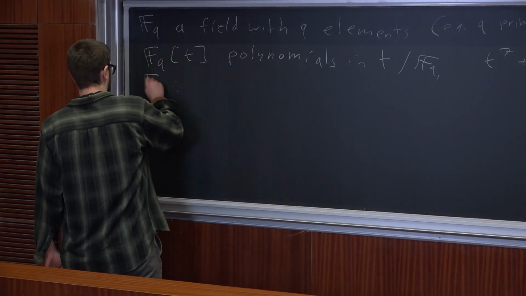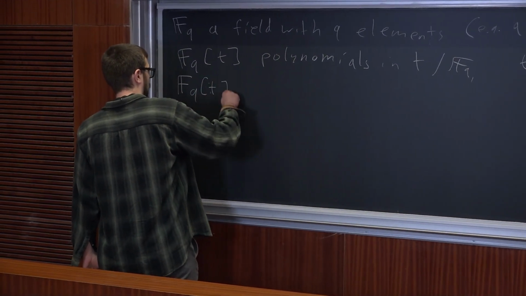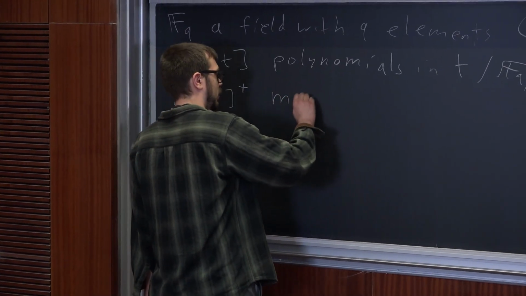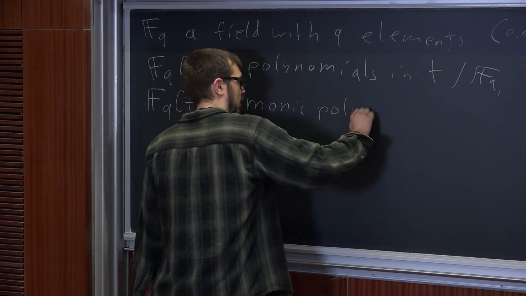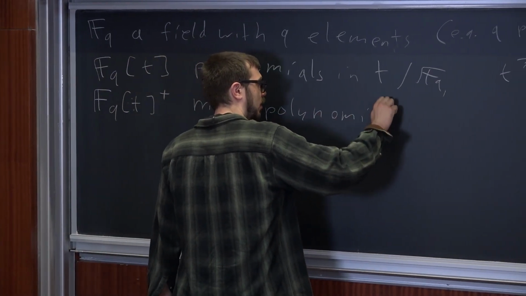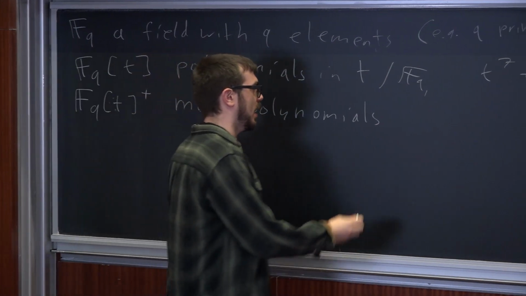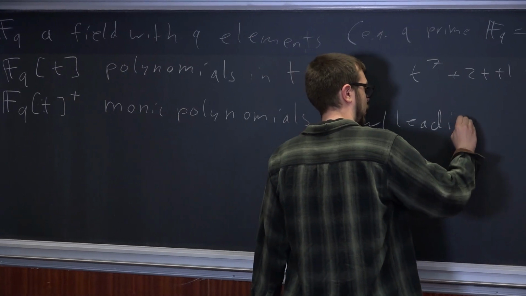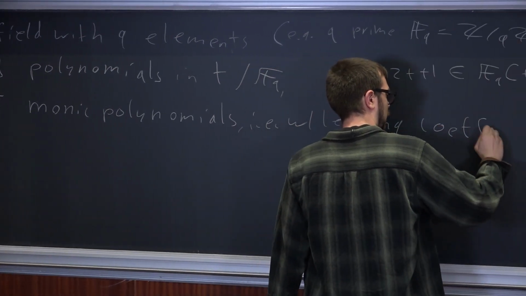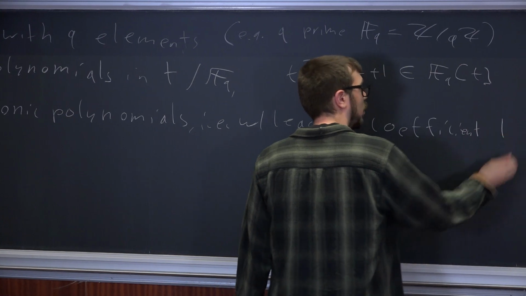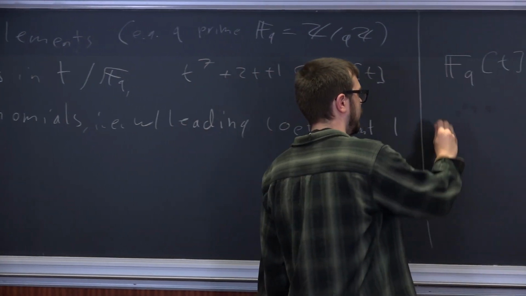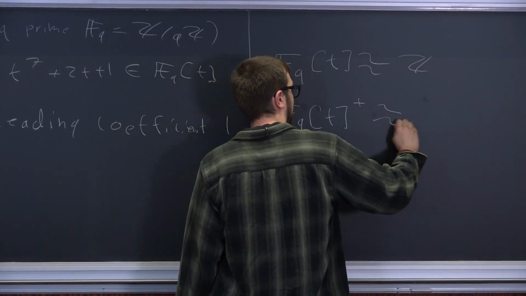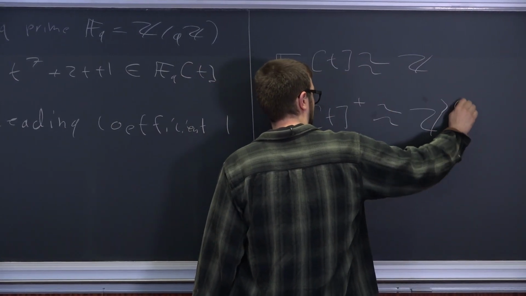So using a plus, I'll denote the set of monic polynomials, which is, in other words, polynomials with leading coefficient 1. And I'll think of the monic polynomials as being analogous to the positive integers.